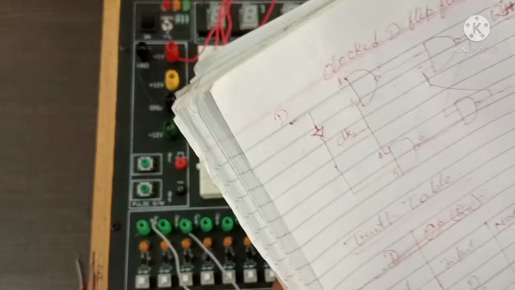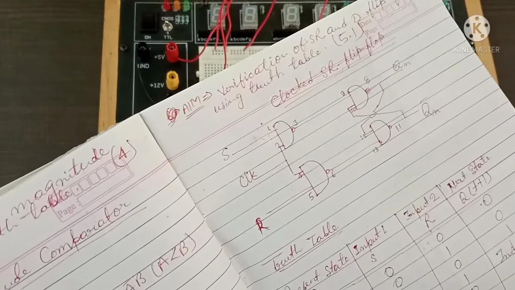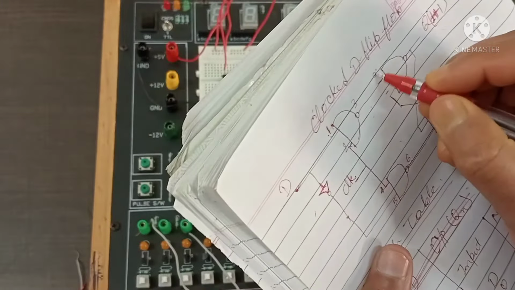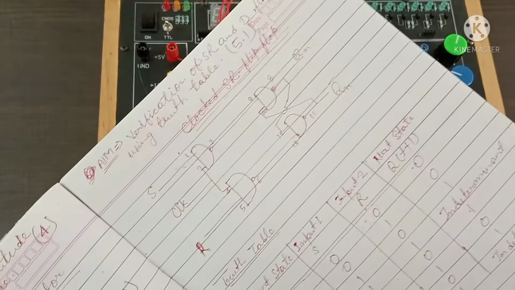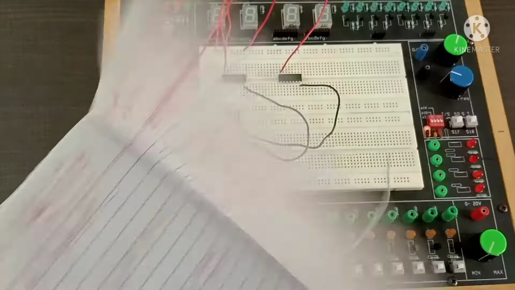In the same way, here we can do numbering 9, 10 and 8. Here we can write 9, 10, 8, and then the bottom one is 12, 13, 11.